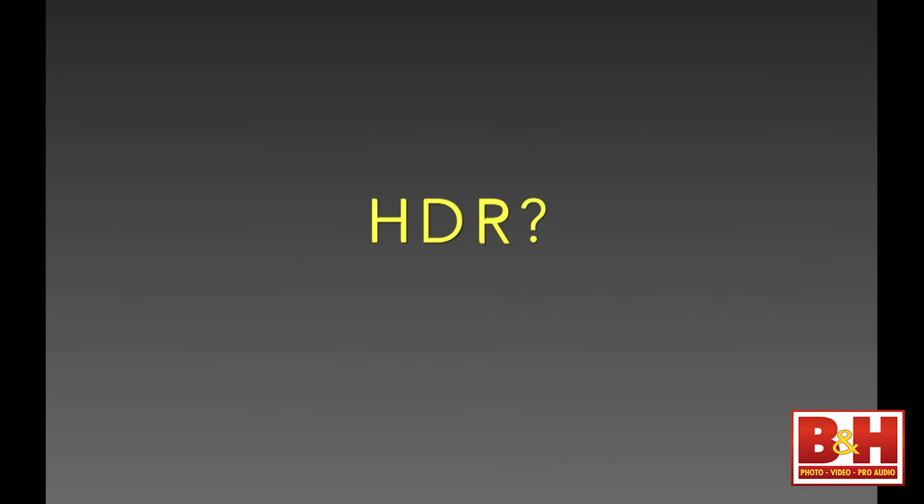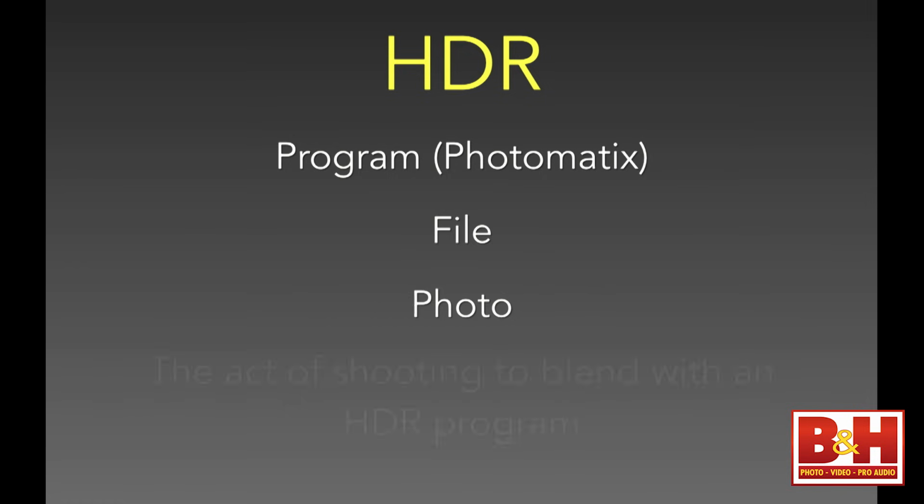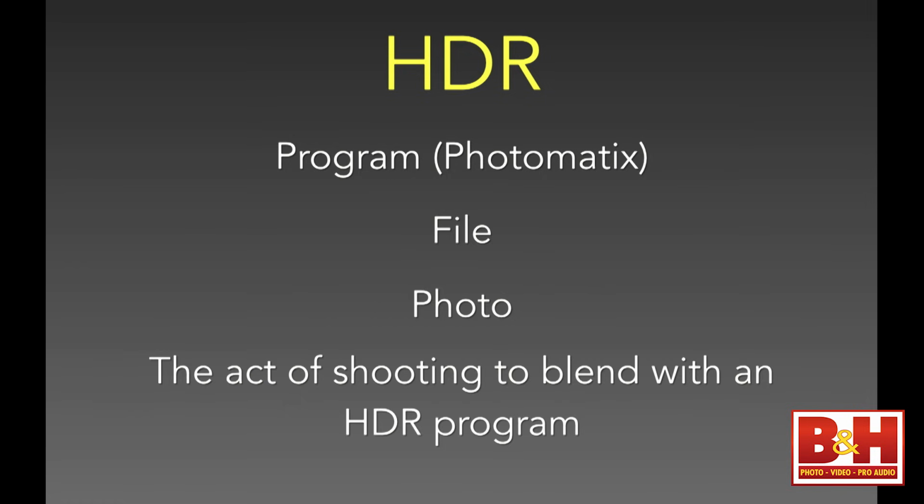High dynamic range, absolutely. It stands for high dynamic range. And really, folks, this word, people use this in a lot of different ways, right? So HDR could be a program, such as the one I use, called Photomatix. It could also be a file. Some people say, you know, look at my print, it's an HDR image. It's technically not, but that's what we say.